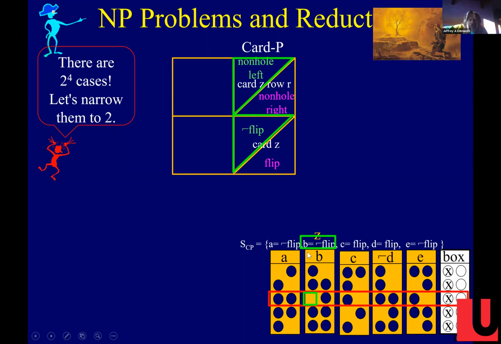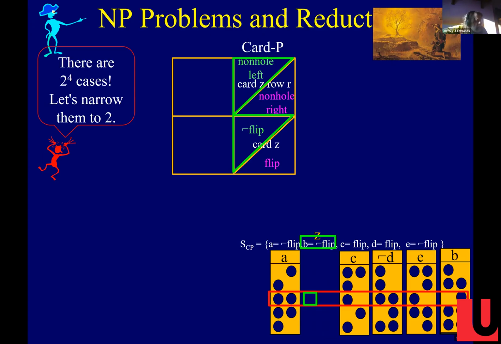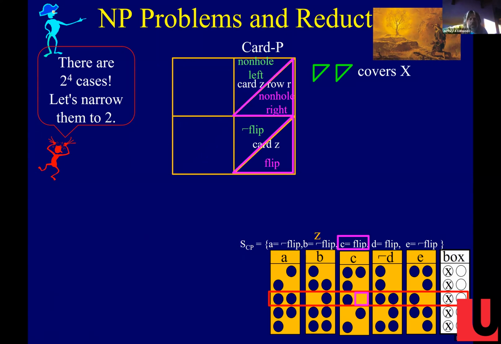Right, so here's an example, card B, we didn't flip it and it has a non-hole in the left. What does that tell us? Oh, look, it covers the X, right? So in this case where we have top green, that covers the X.